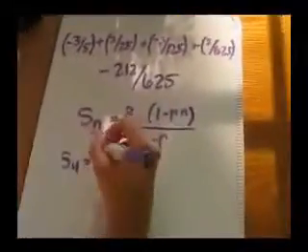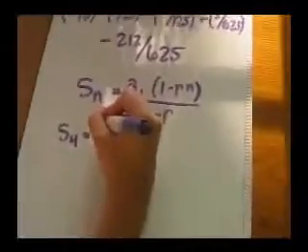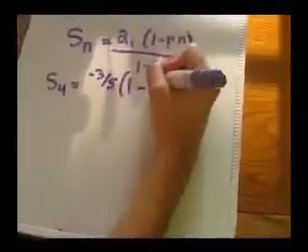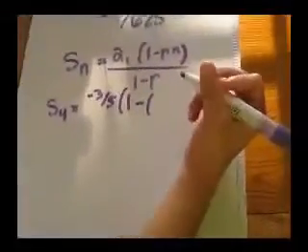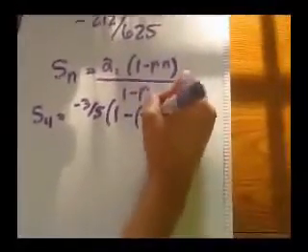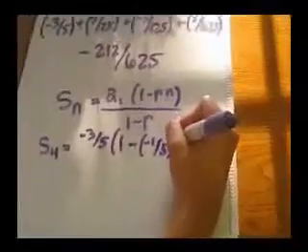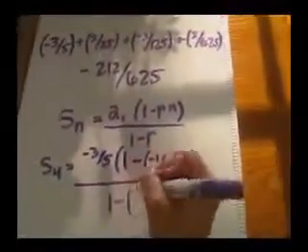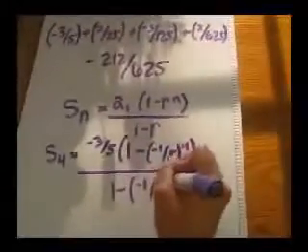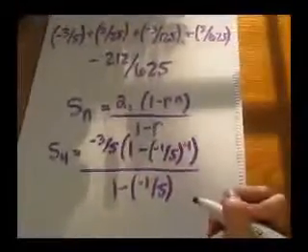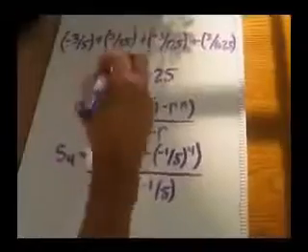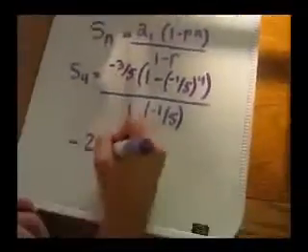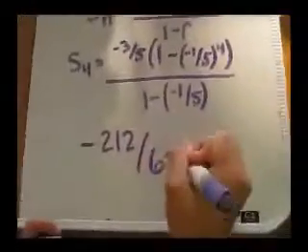Anyways, so a sub 1 is negative 3/5. 1 minus r is negative 1/5 to the 4th power, all over 1 minus negative 1/5. And what does that answer come out to be? That answer will come out to be the same exact answer from the first one, which is negative 212 over 625.